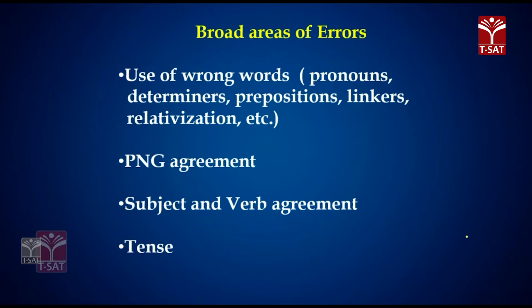The common areas of errors are use of wrong words. This occurs in pronouns, determiners, prepositions, linkers, relativization and all. This really happens once the language practitioner imports the rules of L1 in L2 atmosphere, and once they go for true translation, mistakes do happen.